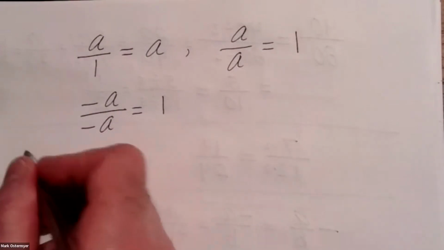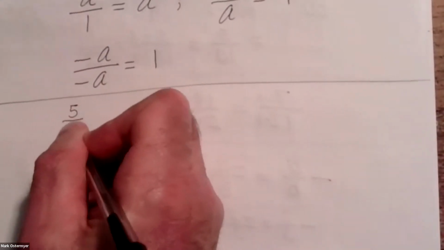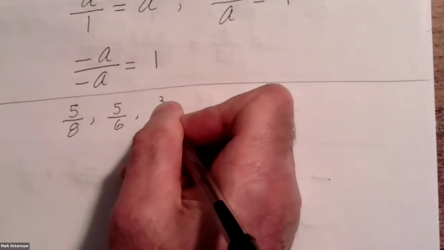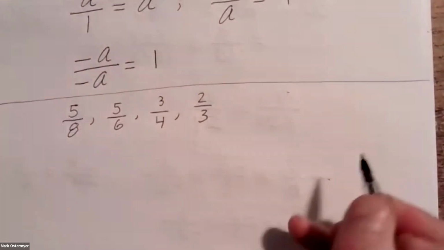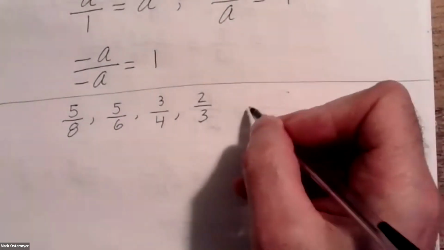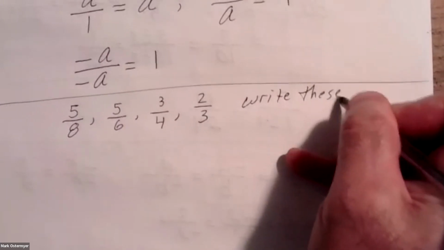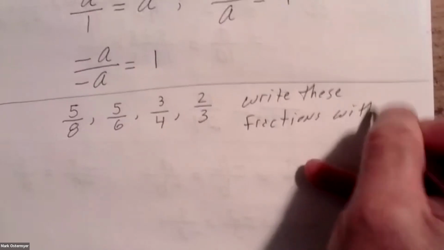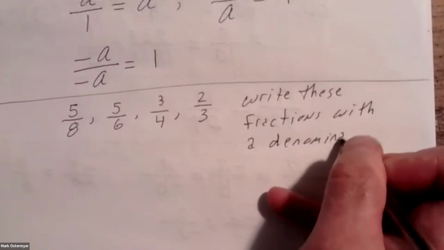All right. Let's have a little bit of fun here. I'm going to give ourselves some fractions to play around with: 5/8, 5/6, 3/4, and 2/3. And what I want to do here is write these fractions with a denominator of 24.